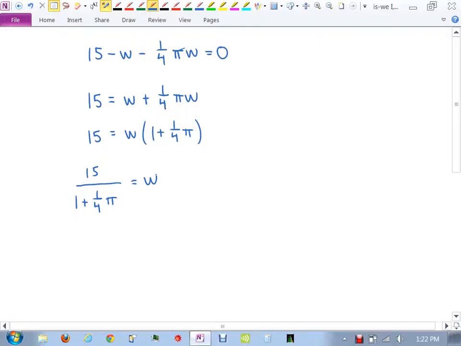Now, just for our own understanding of what that number is, let's get our calculators and get a decimal approximation so we have some better understanding of it as a number. I'm getting 8.4, approximately.